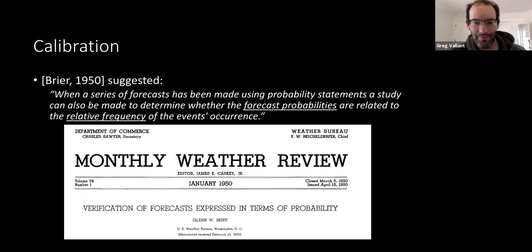Okay, so this notion of calibration dates back at least to an article in 1950, which was referring to weather forecasts. And again, this is something we all grapple with. When the weather forecast says 30% chance of rain today, what does that mean? From the view of calibration, if the weather forecaster is calibrated, we hope that it means historically, of the times when the forecaster said 30% chance of rain, it has rained roughly 30% of the time.